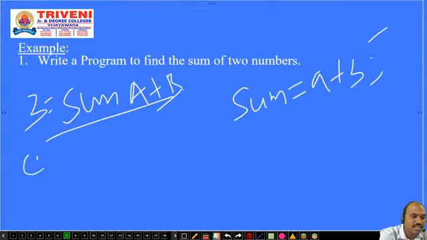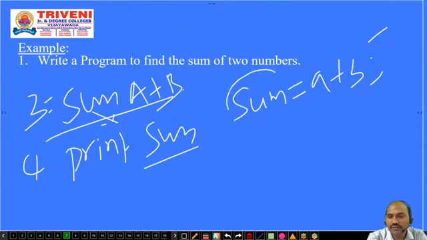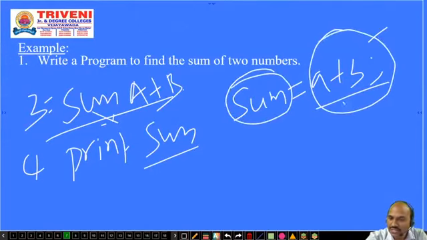What is the next, fourth step? The fourth step is printing the sum value, the sum that you calculated. The a plus b is calculated, and these two values are sent into the sum.